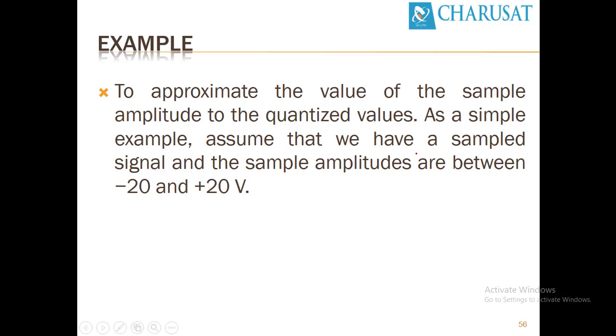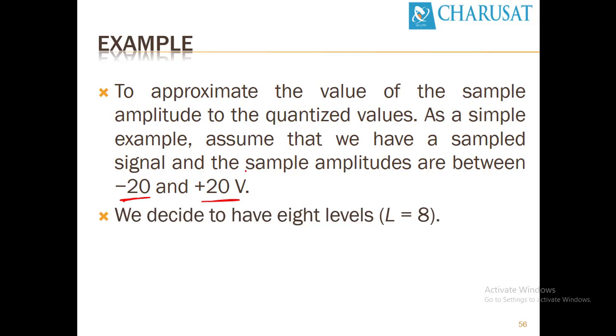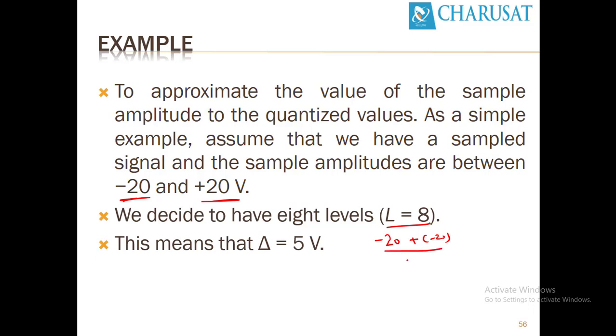By taking an example, let's understand what quantization is. Let's take one example. The minimum value is minus 20, the maximum value is plus 20. First we have to decide how many levels we require. Let's take 8 levels we want to quantize. This means delta equals 40 divided by the number of levels, which is 5 volts.